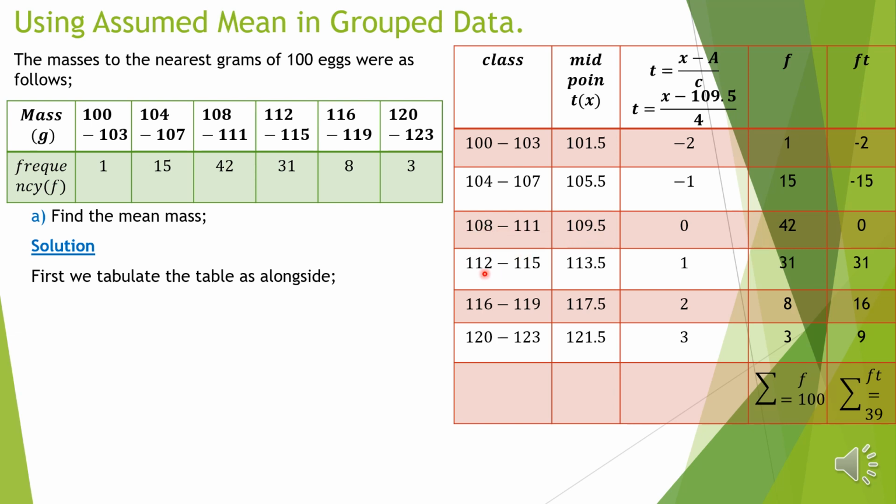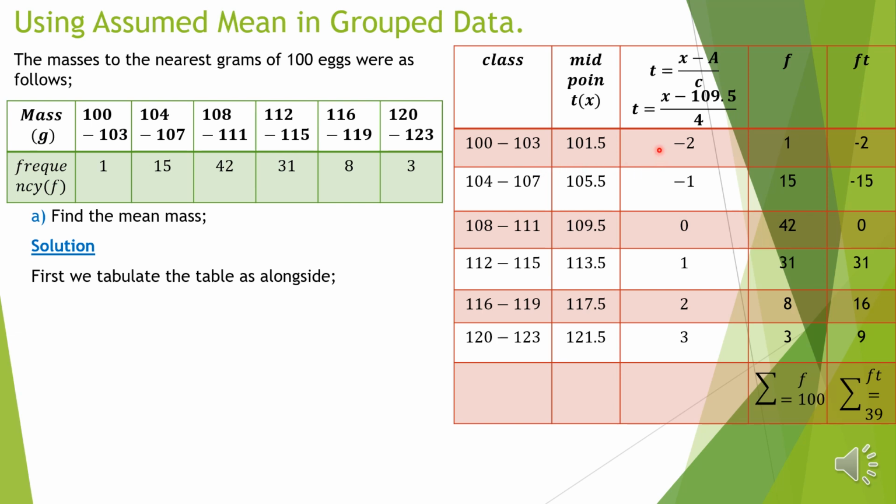Then 112 plus 113 divided by 2 is 113.5. Then 116 plus 119 divided by 2 is 117.5. Lastly, 120 plus 123 divided by 2, we get 121.5. Now, realize that these are just the average values of the lower and upper boundaries of the respective classes.